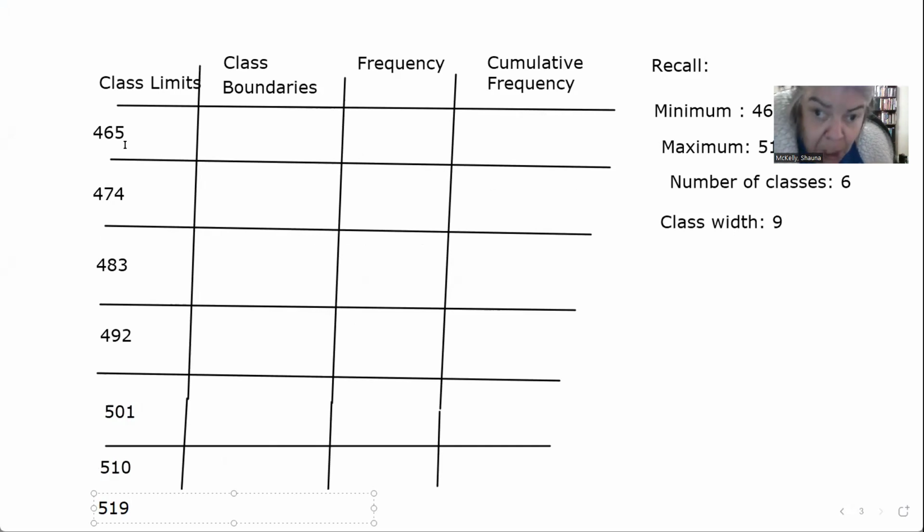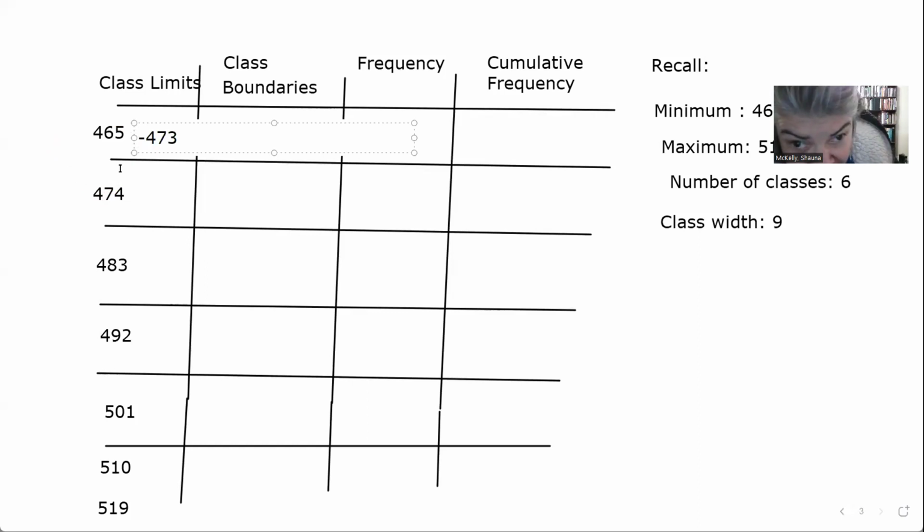Now, this is the lower limit. To get the upper limit for this class up here, the number that goes here, you take 1 off of the class below it. So this is 474, so this is going to be 473.